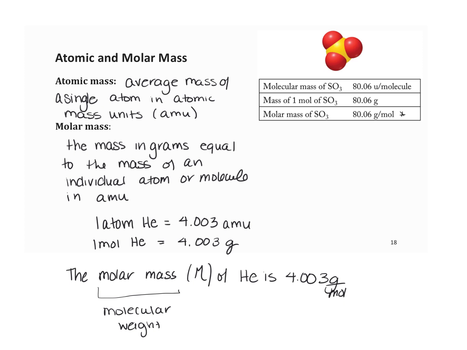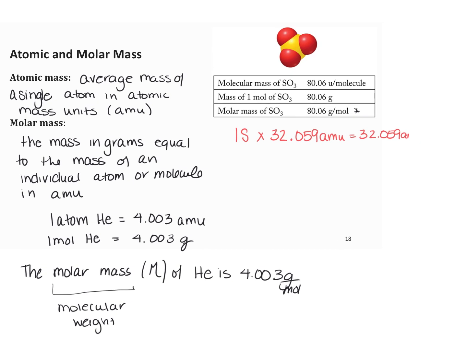The molar mass of that is 80.06 grams per mole. And we get that by looking at the periodic table and saying, look, 1 sulfur on the periodic table times the molecular weight, which is 32.059 AMU, equals 32.059 AMU.